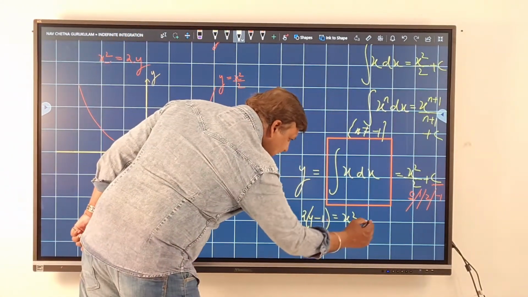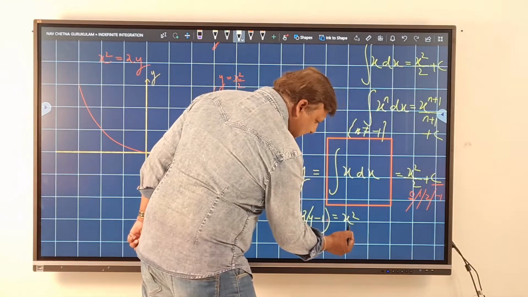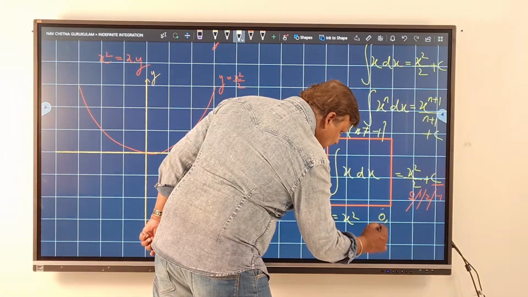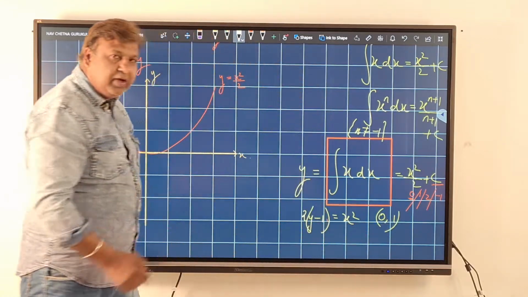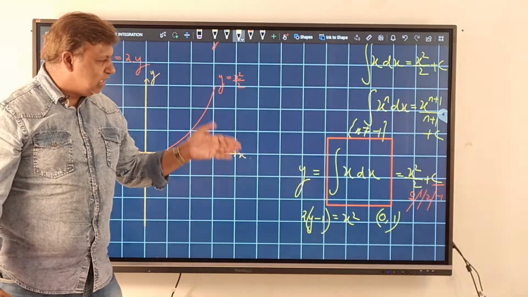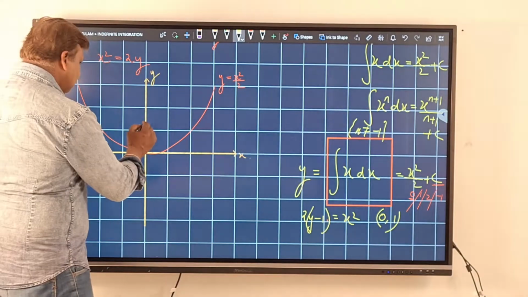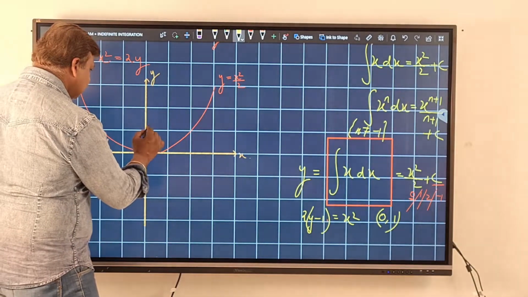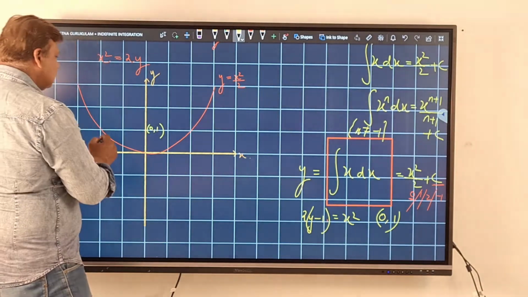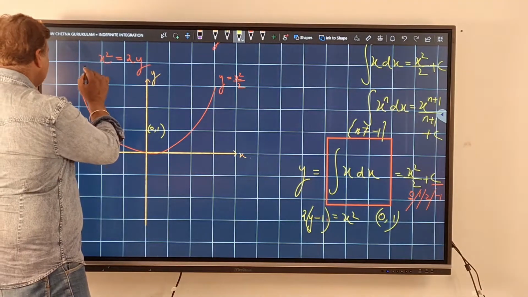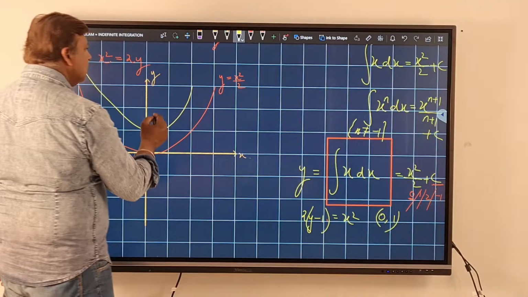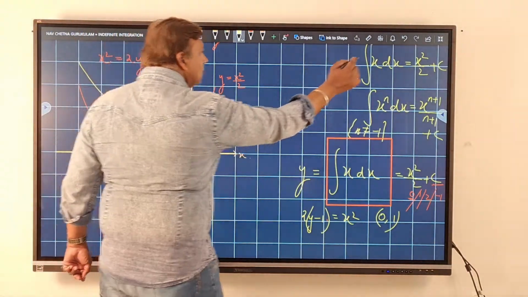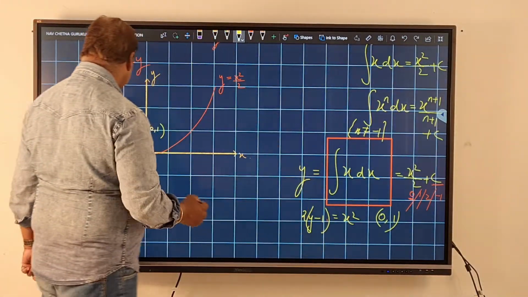The vertex would be 0, where this becomes 0, that is 0, comma, where this becomes 0, that is 1. So the vertex is (0, 1), and the nature would be the same as the upward parabola. So it would be this point. This is the vertex, and it would go like this, sorry, badly shaped.